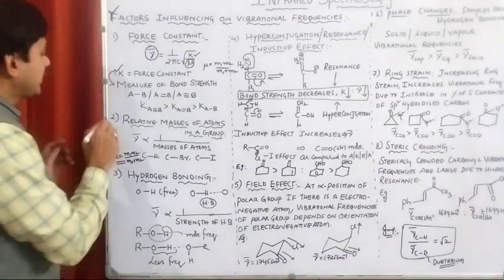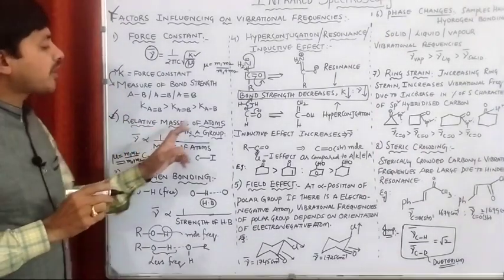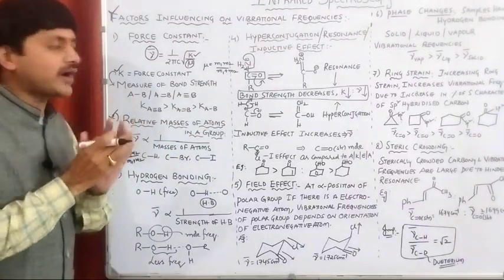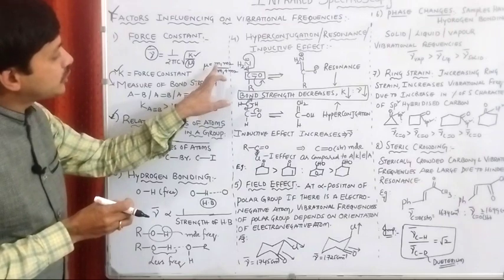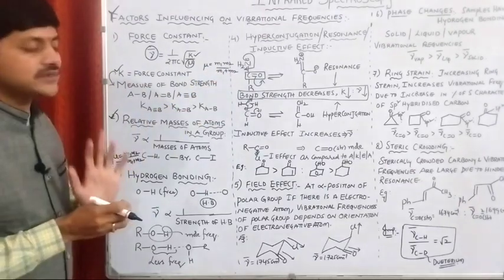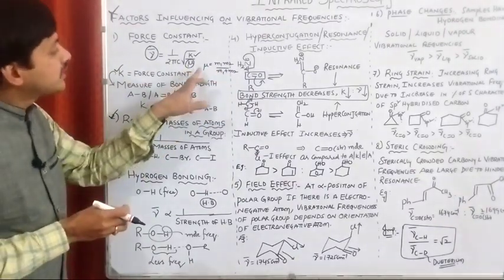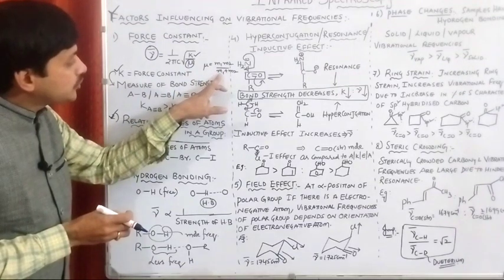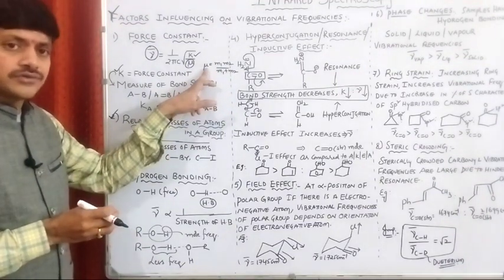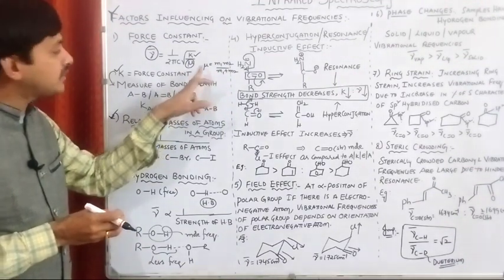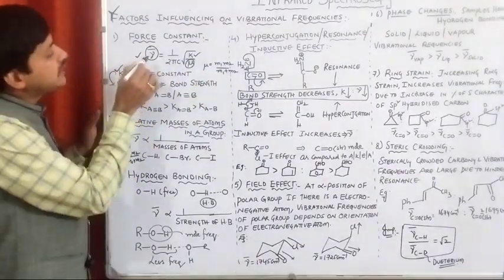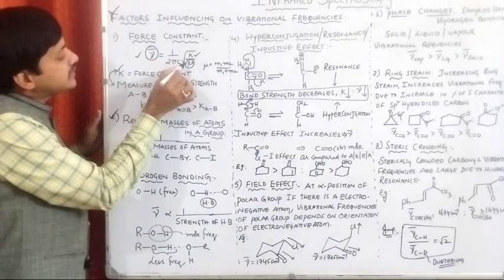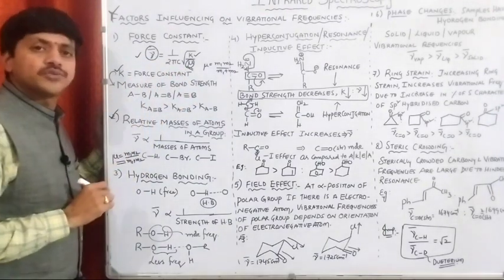Okay, then come to the next one, relative masses of the atoms in a group. Already we had a discussion that the reduced mass mu equals m1 m2 by m1 plus m2. It means that the mass value influences the reduced mass, right? According to this formula what we are observing, see the relation, vibrational frequency is inversely proportional to what?